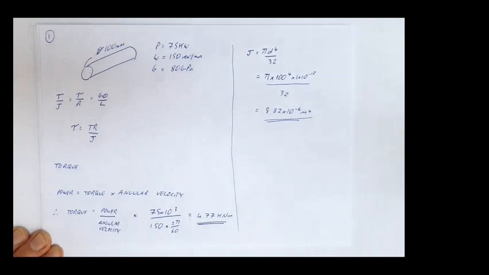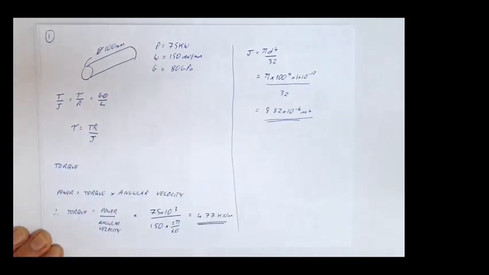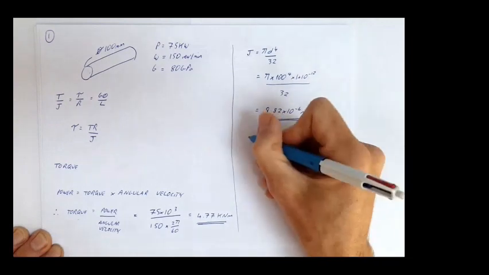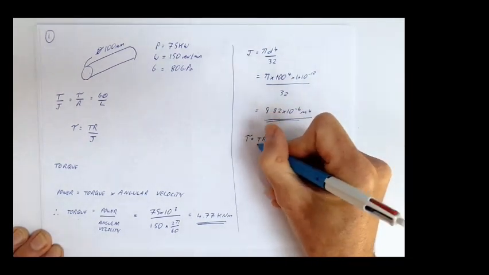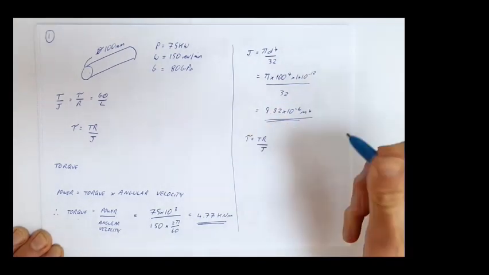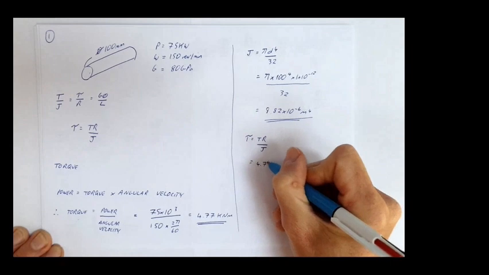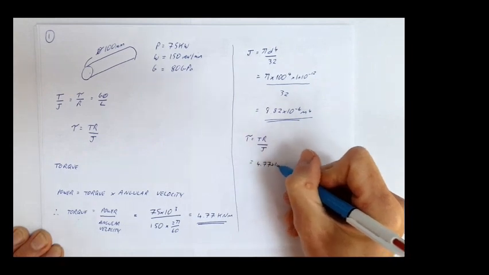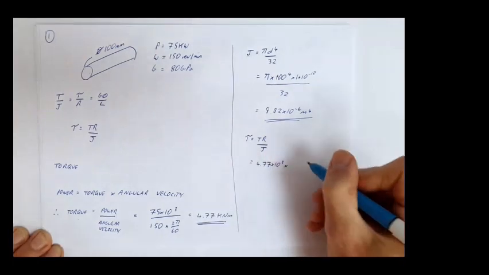Okay, so now that we've got T and J, we can simply work out what my shear stress is. So τ equals T R over J, equals my torque, which is 4.77 times 10 to the 3, which I calculated here, times by my radius.